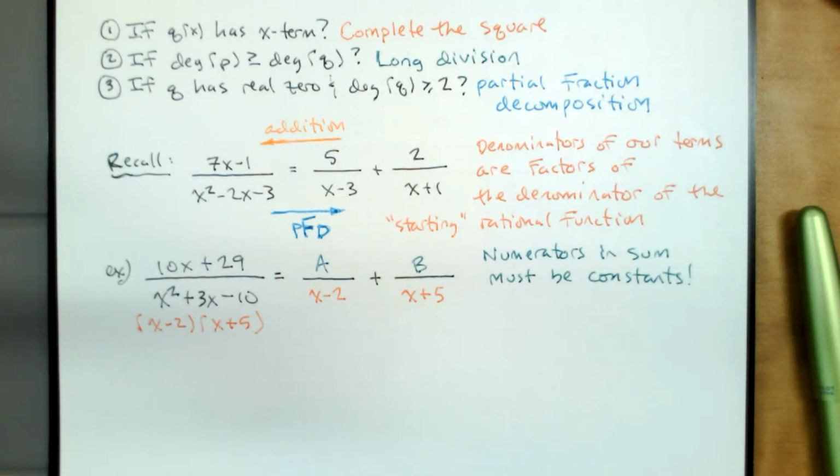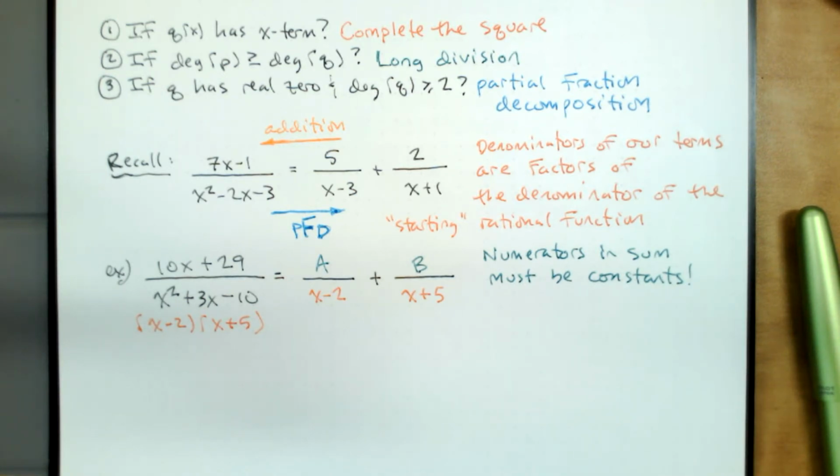Now, this is only going to be true. We can't take this out of context. This is only going to be true if our original rational function, the degree of the numerator, is strictly less than that of the denominator. So the numerators in the sum must be constants.